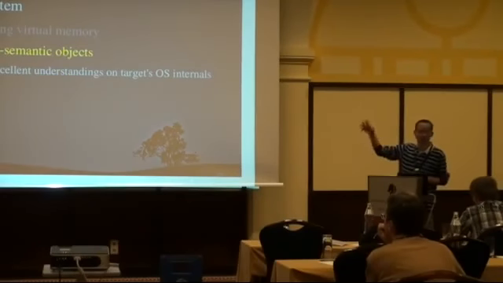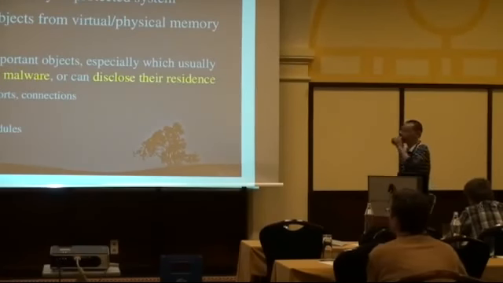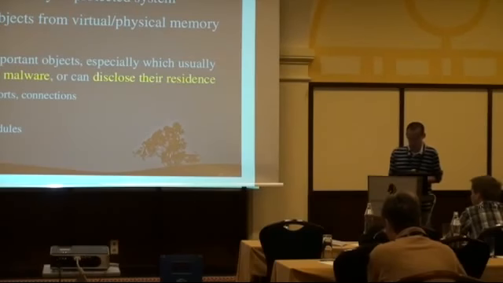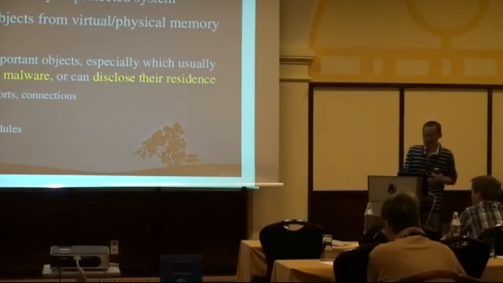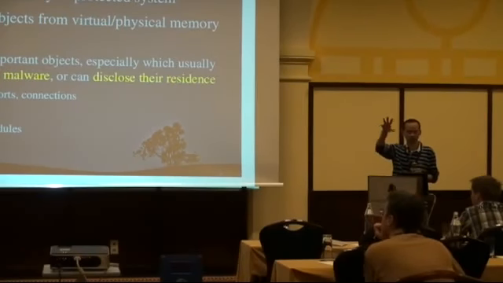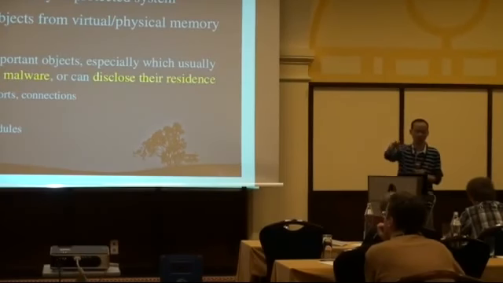Now I need to get the objects from inside the memory. So to get the objects inside the memory, I have another framework named eKimono, and eKimono is a framework built on top of the first one. That framework provides the memory access to eKimono, and eKimono uses this memory access to access memory.